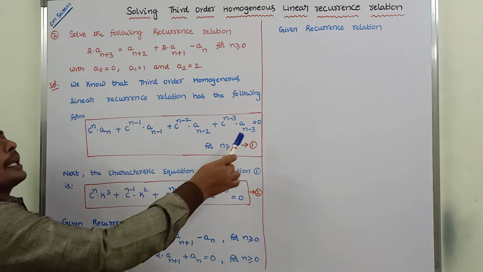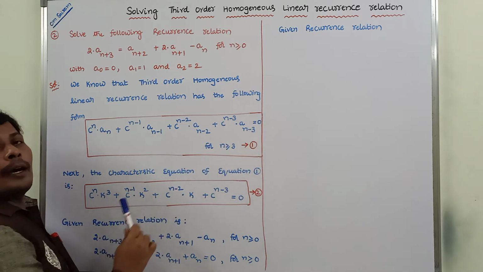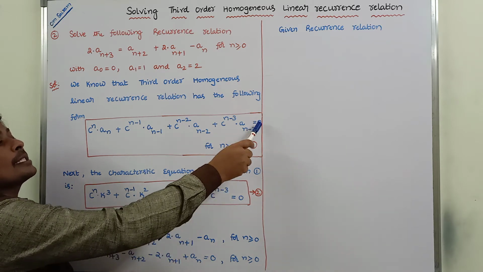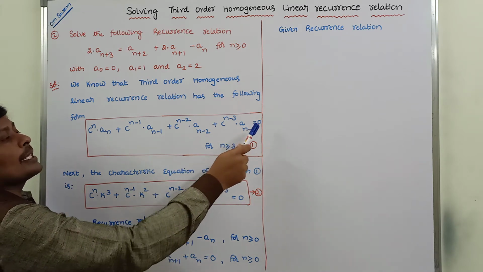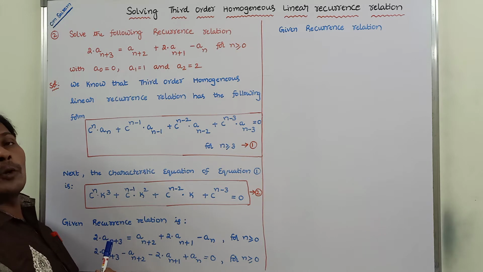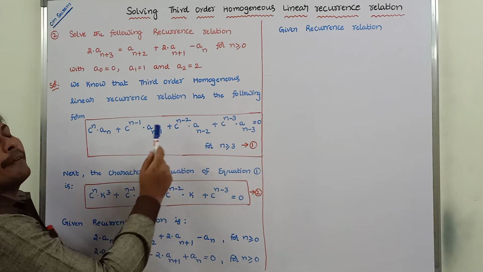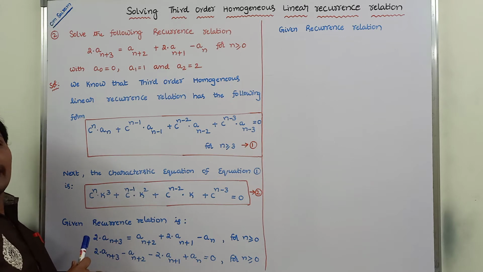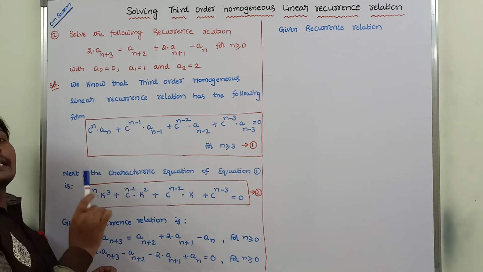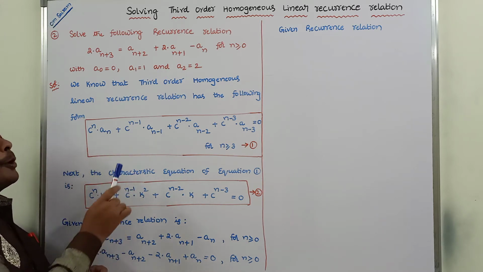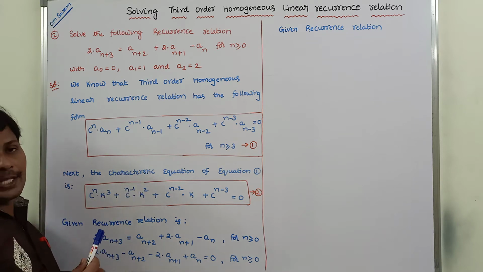Okay. Now the right hand side part of the given recurrence relation is equal to 0. Hence we can say that it is a homogeneous recurrence relation and the order of the given recurrence relation is 3. Hence we can say that it is a third order linear homogeneous recurrence relation.